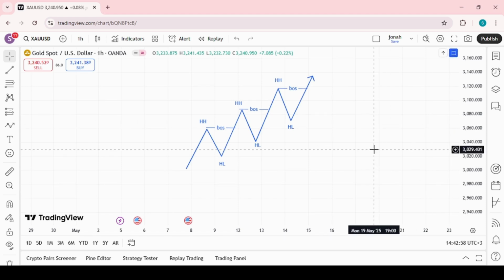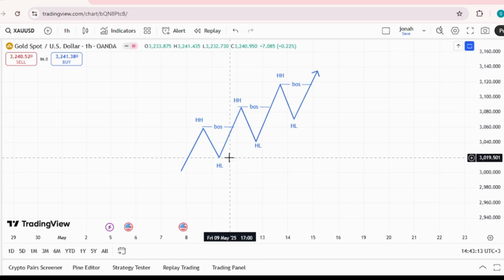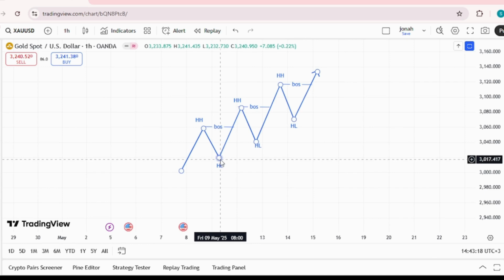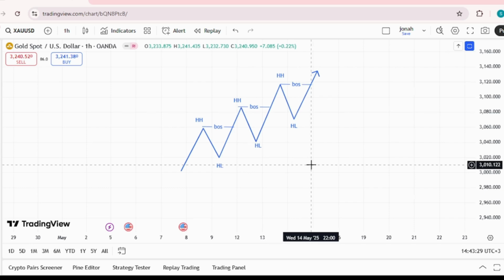Break of structure happens when price breaks past the next swing point in the same direction. And the change of character is just an early indication that price might make a reversal.